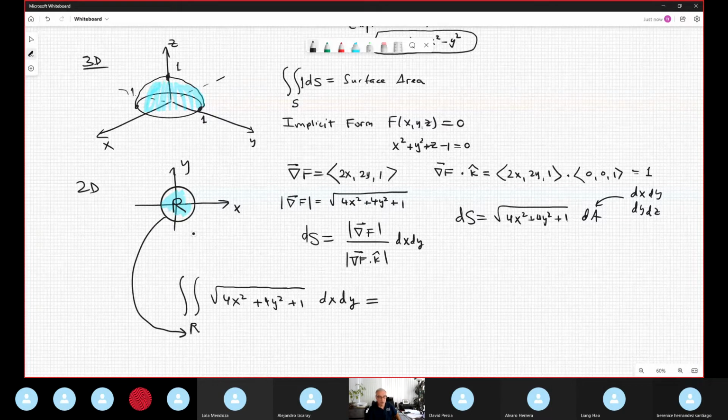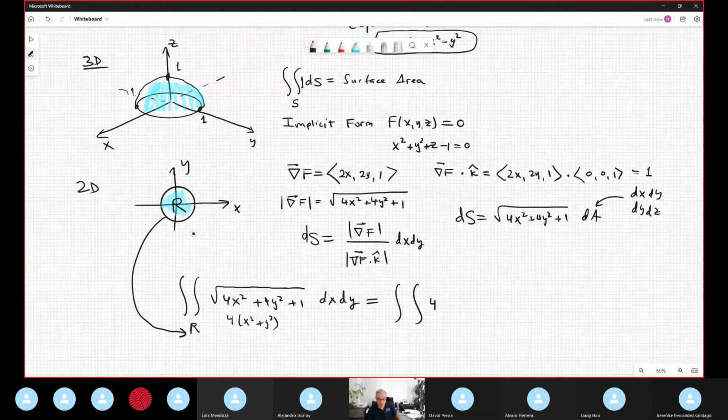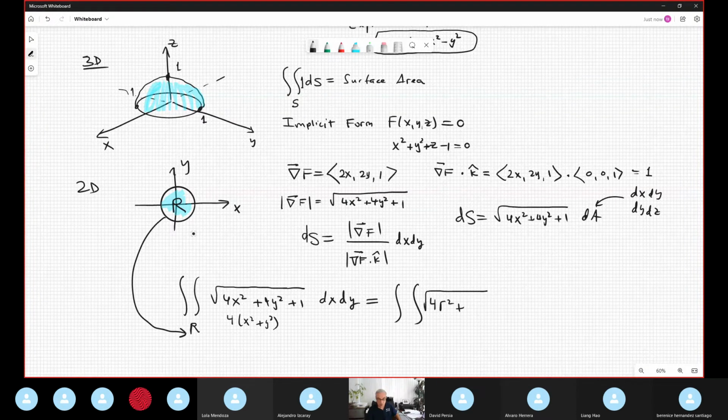Therefore, the best way to compute this double integral is polar. It's obvious, right? And you change to polar. Changing to polar is too easy because you factor out 4 here, we have x squared plus y squared, which is r squared. So my integrand is the square root of 4r squared plus 1. And don't forget that for dx dy, the Jacobian in polar is r dr dt.